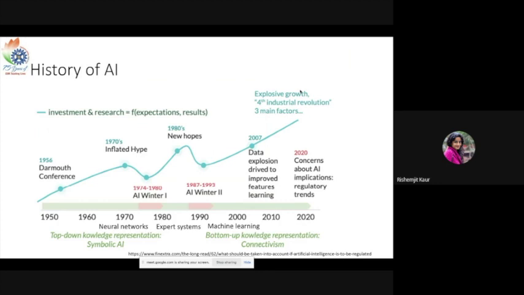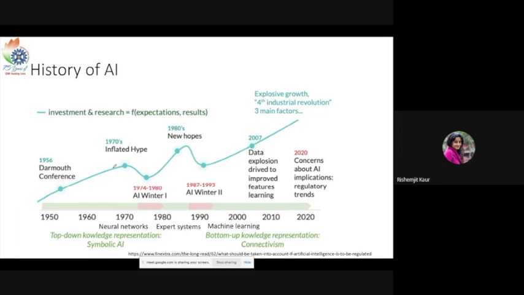Before we dive more into the basics of machine learning, it is important for us to understand a bit of the history of AI, how it started. The very first time the term AI was used was around 1956, at the Dartmouth conference.